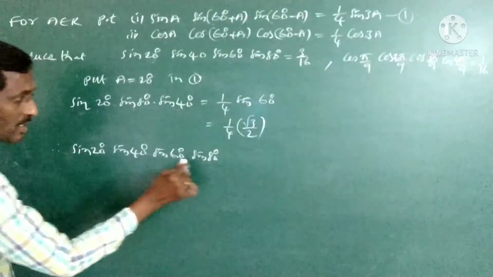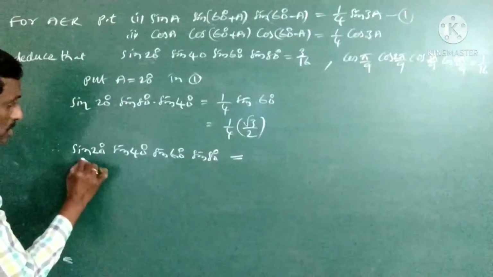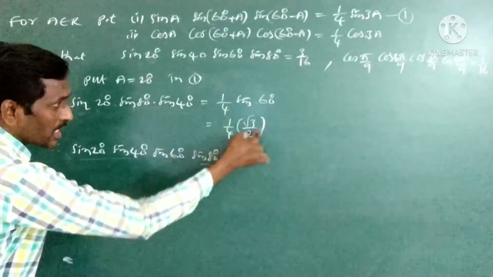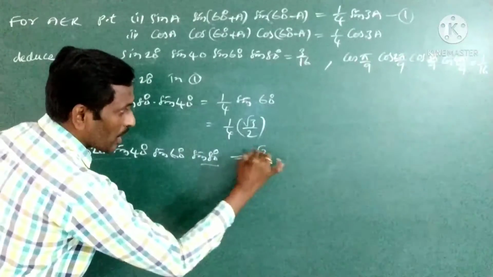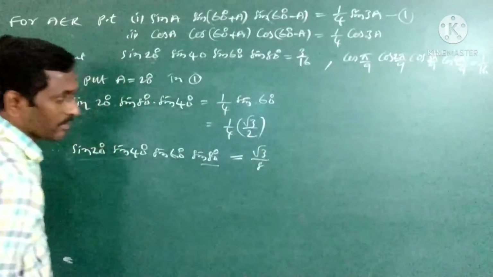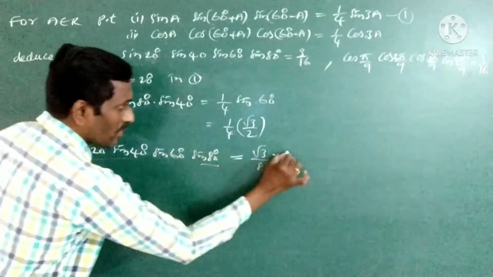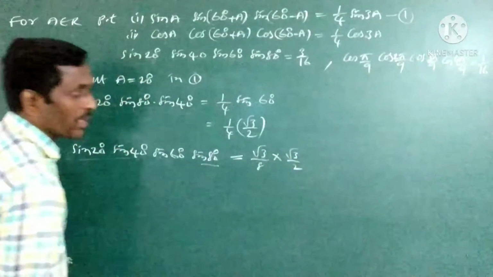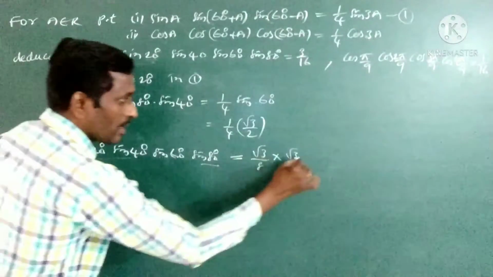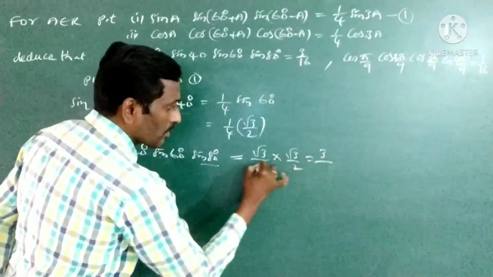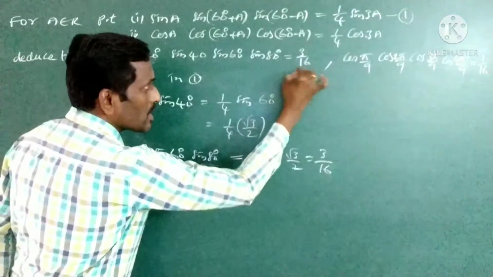Put the value in this. So these two values and this value give the result, root 3 by 4 to the 8 we get. Again sine 60 is there. Sine 60 is the value root 3 by 2. Finally, root 3 into root 3 is 3. 3 by 16. It is the answer.